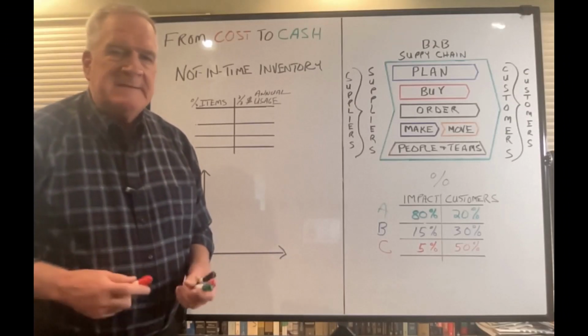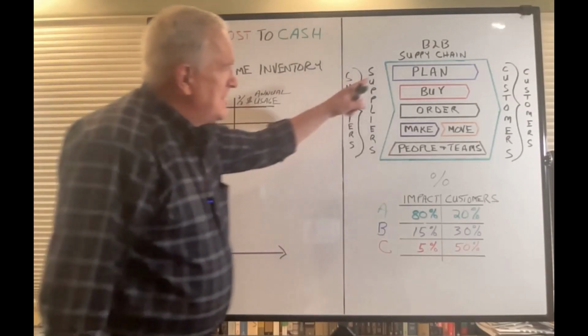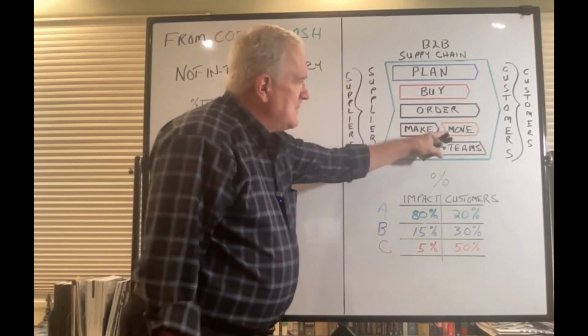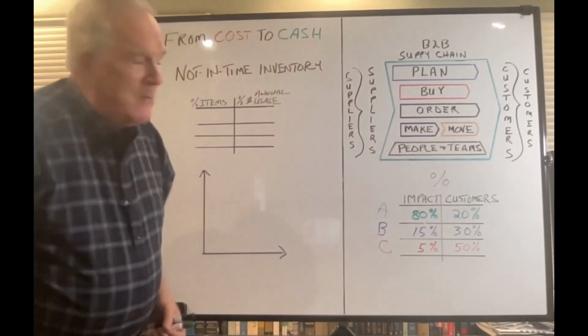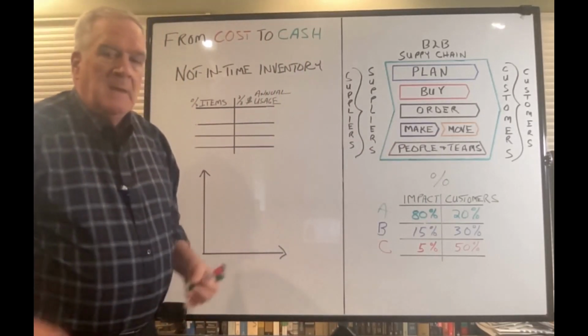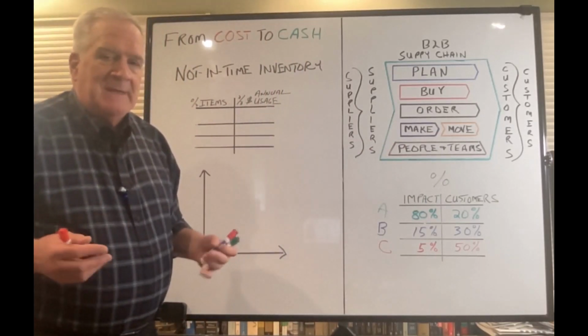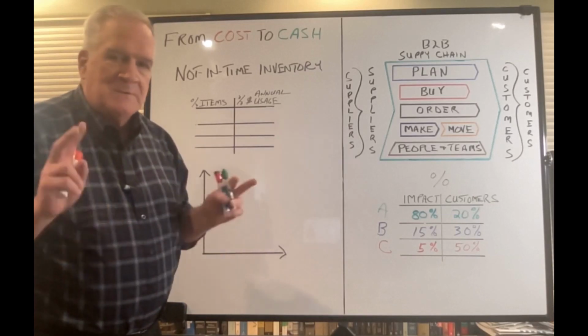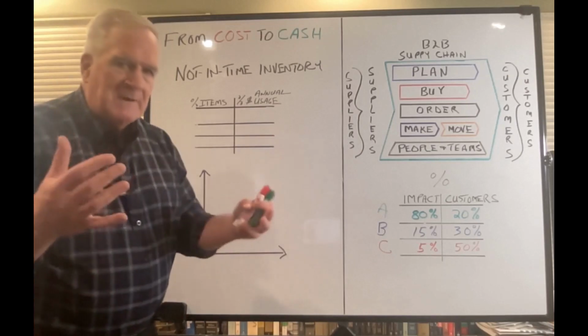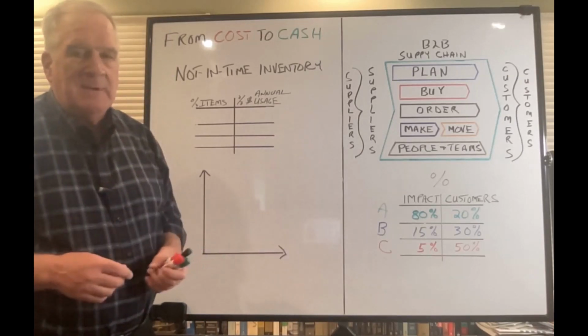Hello, in today's session, we're going to talk about an aspect of the planning part of our B2B supply chain framework, as well as the move part, focused on what I call not-in-time inventory. Over the past couple of decades, companies have shifted more towards what's called just-in-time inventory, reducing the level of inventory, making sure you get what you need right at the time you need it.